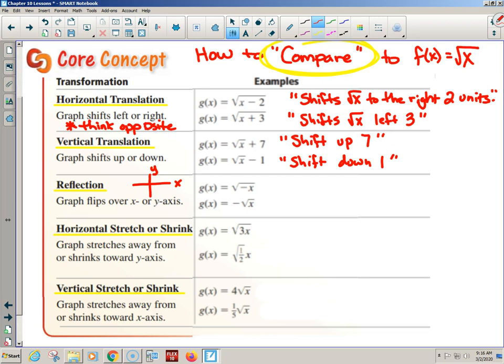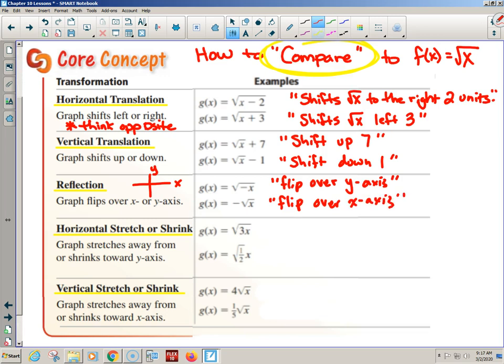If you're flipping right, left, aren't you jumping over that y-axis? So that's going to be that inside, that horizontal. It's going to look really weird, but we're going to be flipping over the y. Whereas this one is going to be flipping, or the snazzy word would be reflecting over the x.